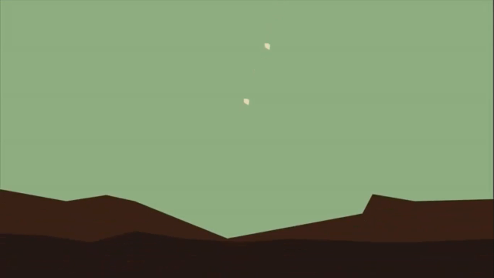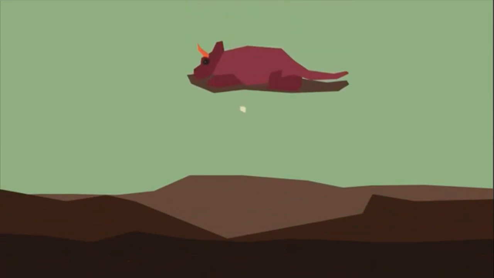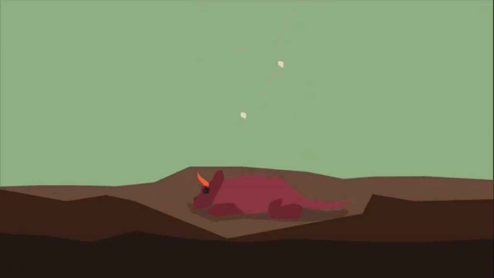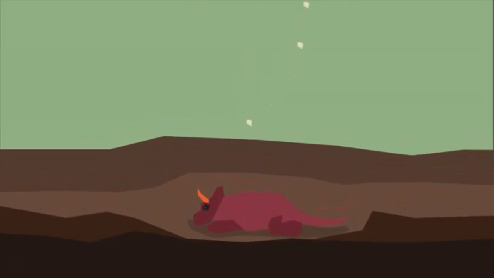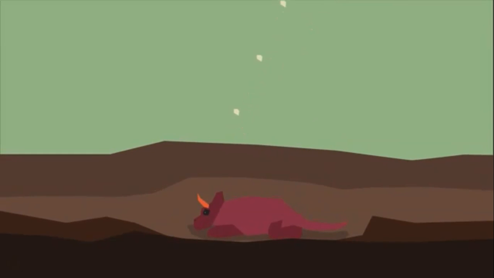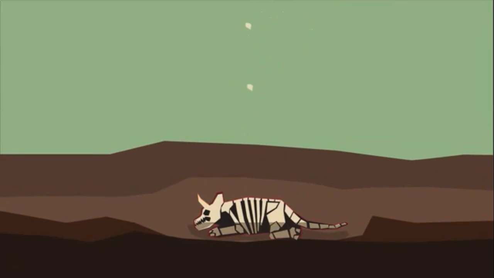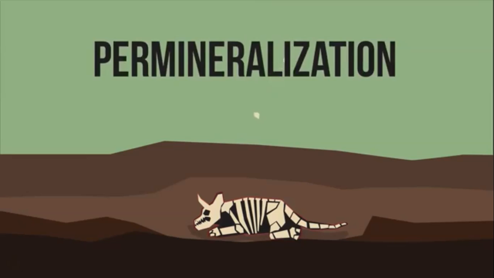The dead remains of animals and plants that fall to the river or sea floors get covered in layers of sediment. Over time, this sediment sinks, as it is buried deeper by increasing layers. Meanwhile, minerals permeate through the sediment and gradually recrystallize the non-decomposed remains. This process is called permineralization.